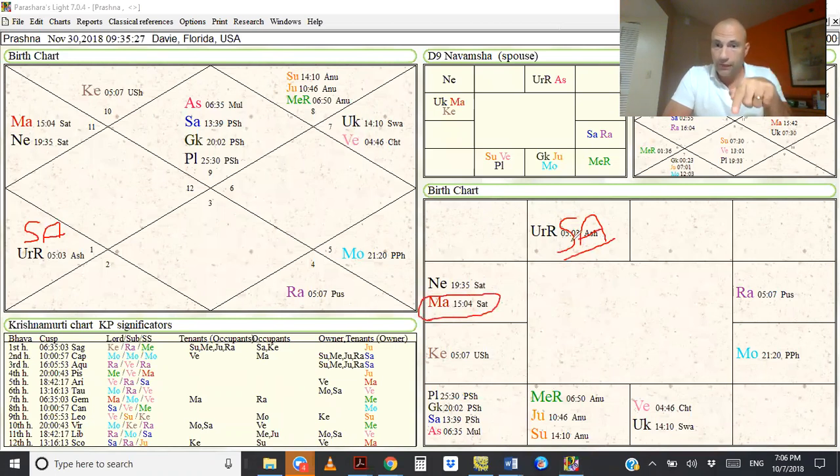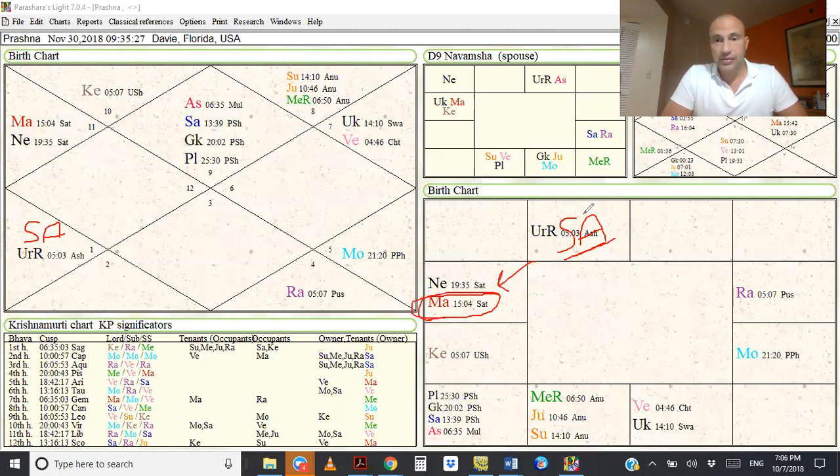And here you're going to have to evaluate which one is stronger. So you always consider the ruler of the fifth, even if there are planets in it. However, if, like in this instance, the planet in the fifth is debilitated, then you would probably opt for the ruler, okay, Mars.